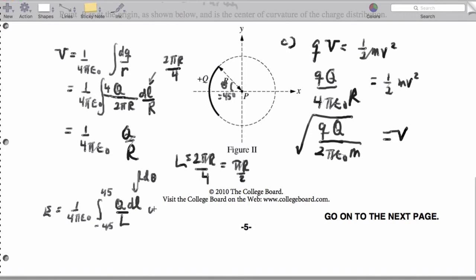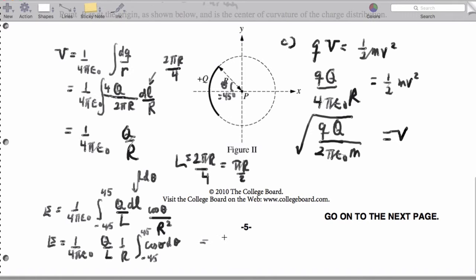We only want the cosine component, and we divide the whole thing by r squared. Continuing, the electric field is 1 over 4 pi epsilon naught Q over L times 1 over r cosine of theta d theta from negative 45 to positive 45 degrees.